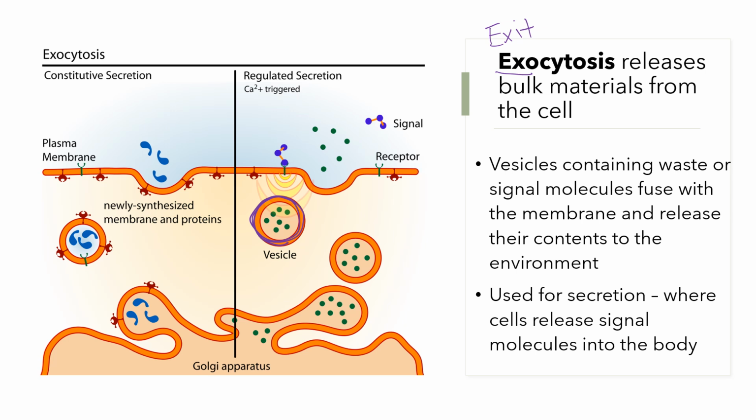So that vesicle will move towards the membrane and then fuse with the membrane itself. When it does that, it dumps all of its contents into the extracellular environment, the outside environment. So we most often use this for secretion, where we're releasing a signal out into the greater body or out into the environment if you're just a little cell that lives that way.